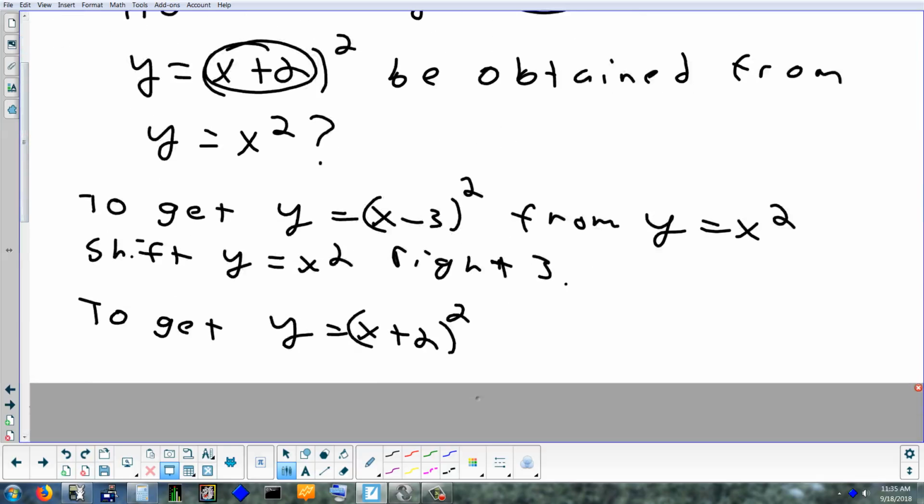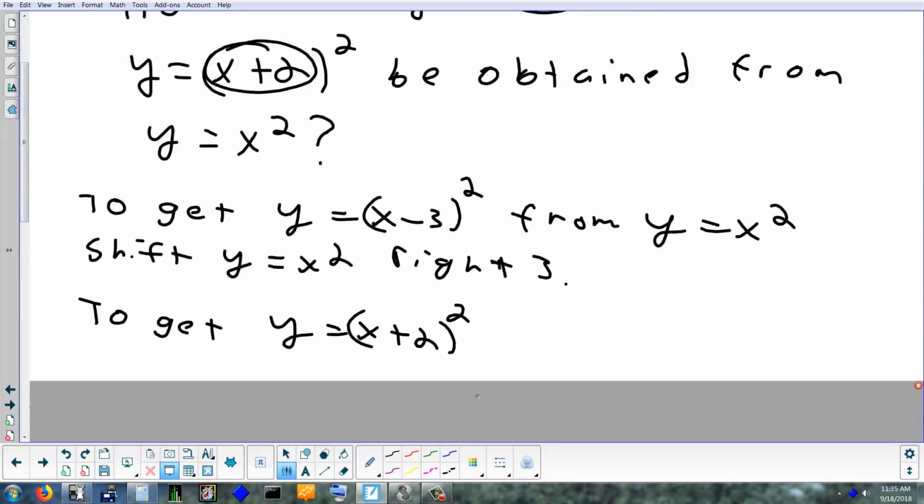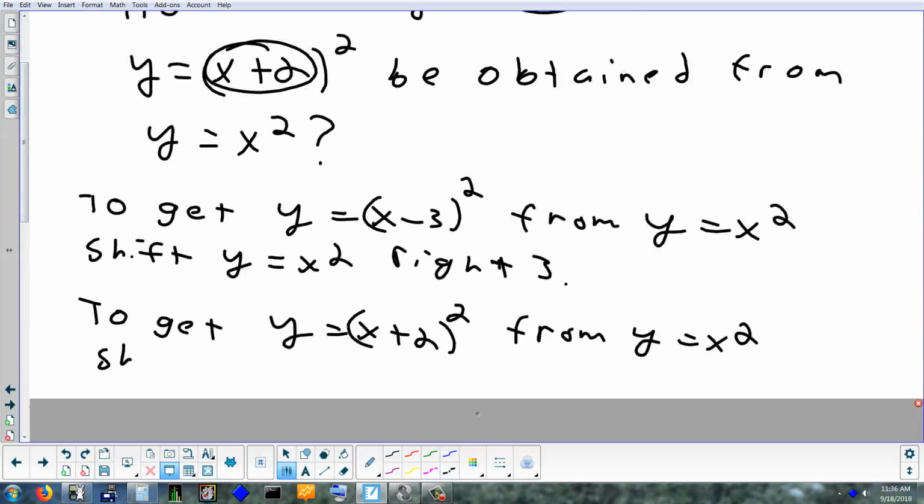Again, you don't have to write this if you don't want to, because we're going to have a rule for horizontal shifts in a second. I'm just trying to show you 2 specific ones. Y equals x squared, you're going to shift. Plus does the opposite, so left 2.